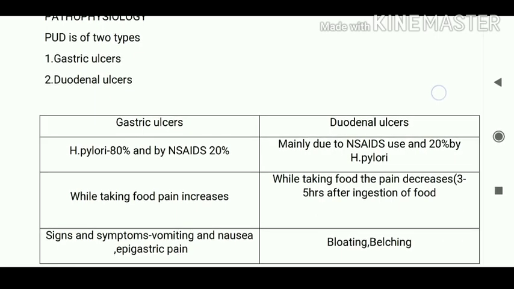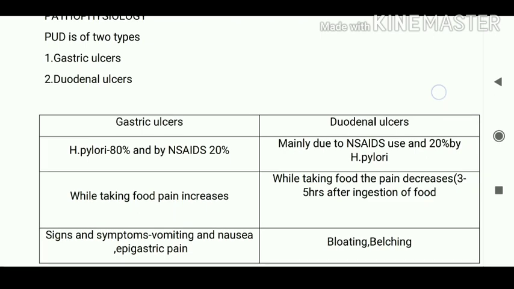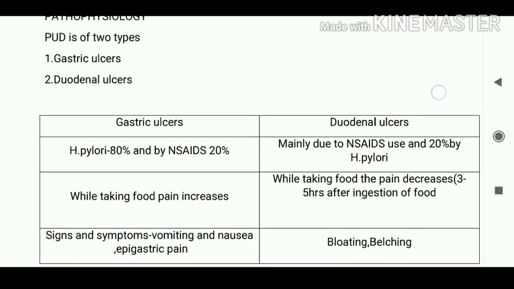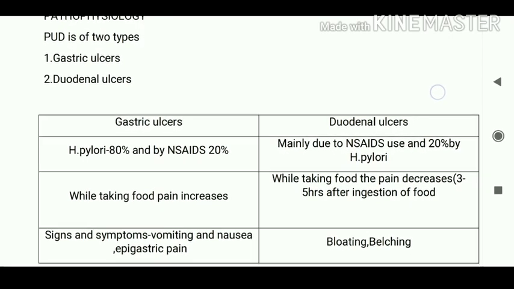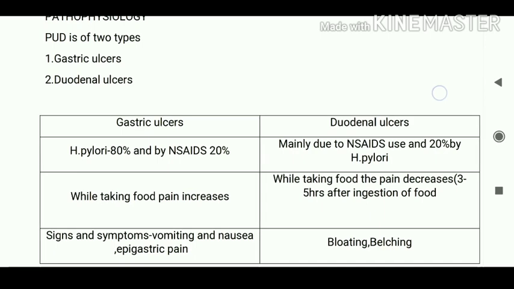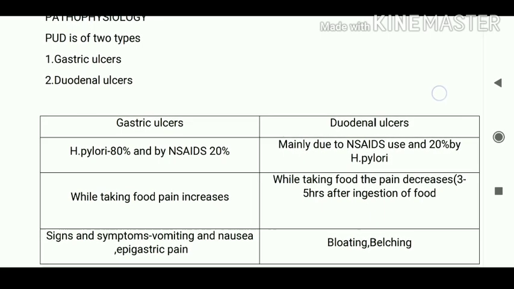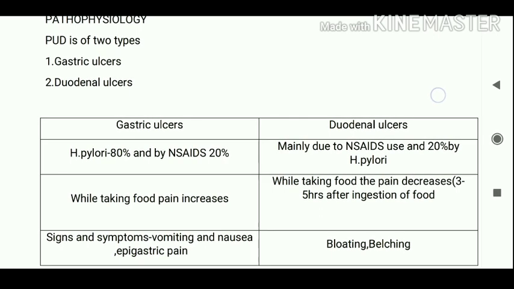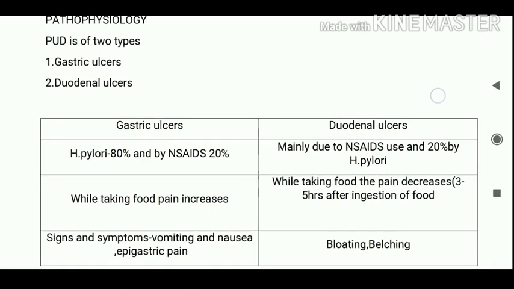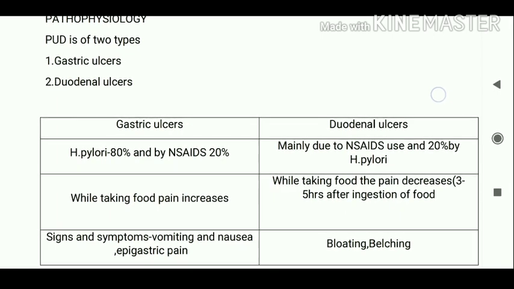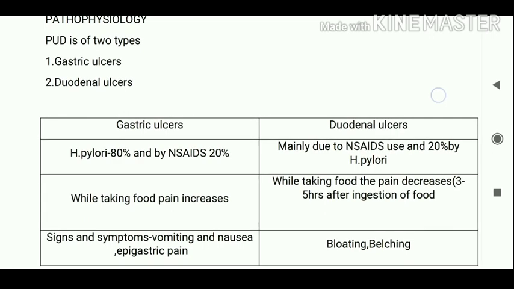They act on the GI bones and cause epigastric pain. So while we take food, the pain is caused immediately, and it is relieved by vomiting, because by vomiting the HCl goes out from the stomach.